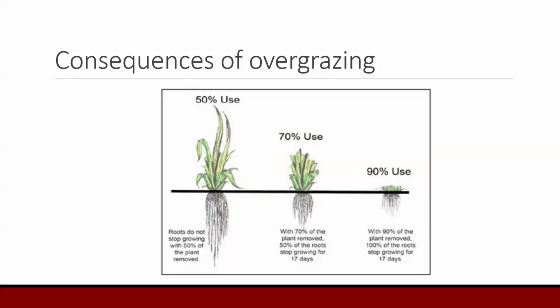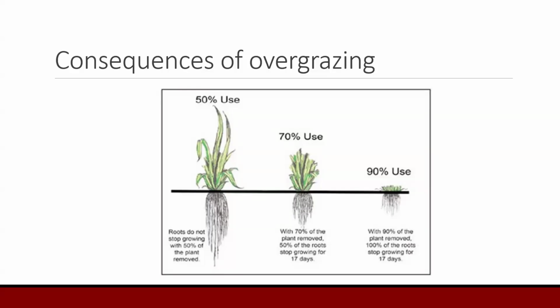Okay, so to jumpstart that leaf, it's got to use the energy stored in its roots to provide the initial leaf material above ground so it has enough leaf area index to absorb solar radiation and start photosynthesizing. Does that make sense? So if we leave 50% ungrazed, so 50% target residual, okay, the roots never stop growing.